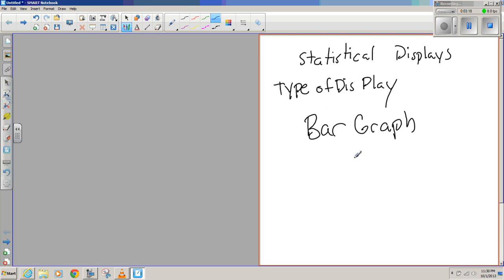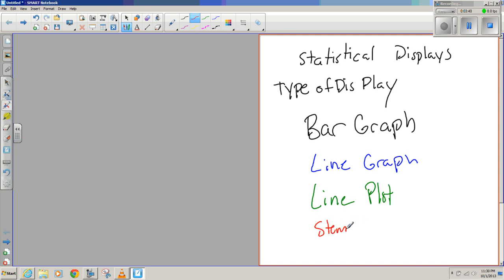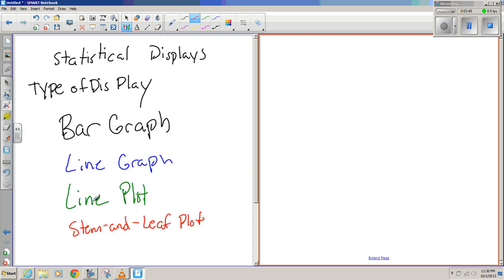The next one is going to be a line graph. The next one will be a line plot. And the last one will be a stem and leaf plot. These are the 4 major types of displays that we're going to be using.